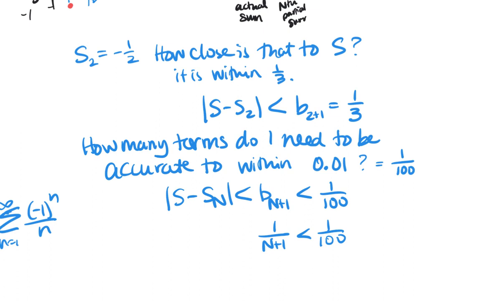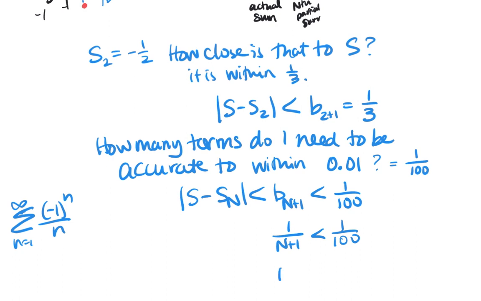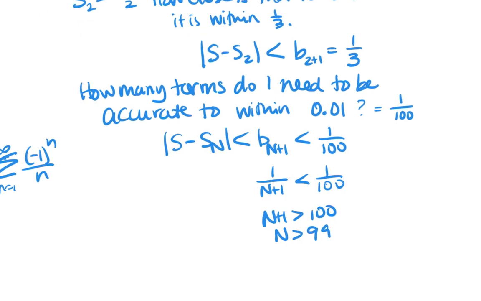I can flip the fractions over, and I get n plus 1 is greater than 100. Then I can subtract that over, and I get n is greater than 99. So if n is strictly greater than 99, I can say n equals 100 will get me there. So if I want to get within 1/100th of my sum, I need to take 100 of the terms and add them together.